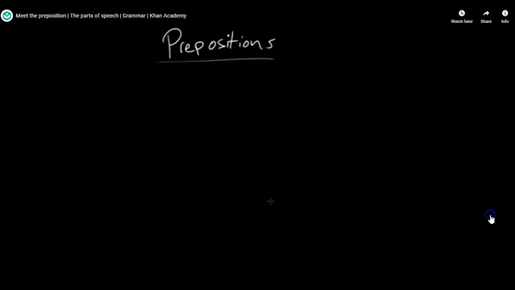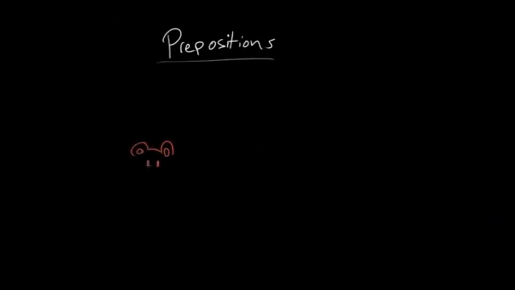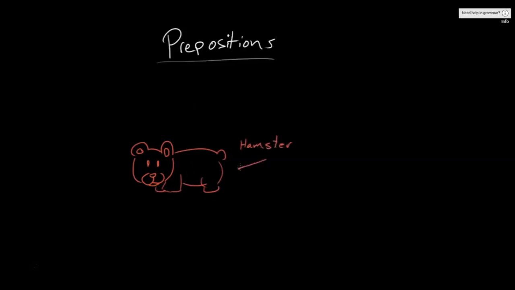Hey grammarians, I want to talk about prepositions, but before I do, I'm going to draw you a little hamster. Is it a hamster? Is it a tiny bear? Who knows? We're just going to call it a hamster, a little rodent-type creature.